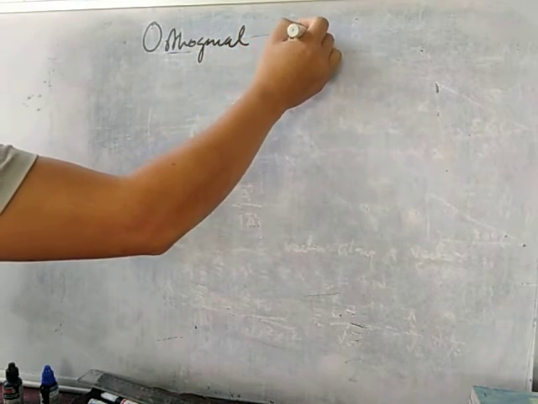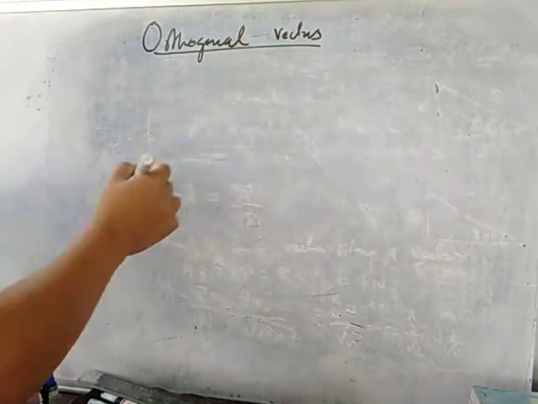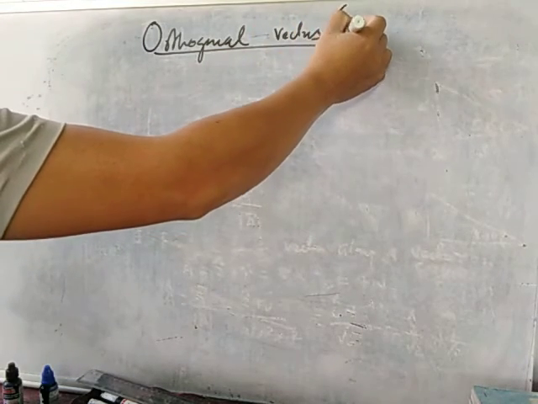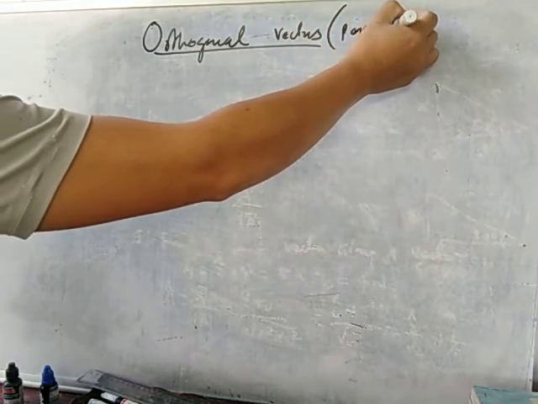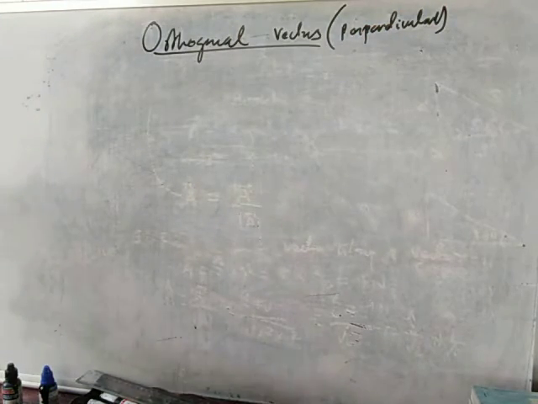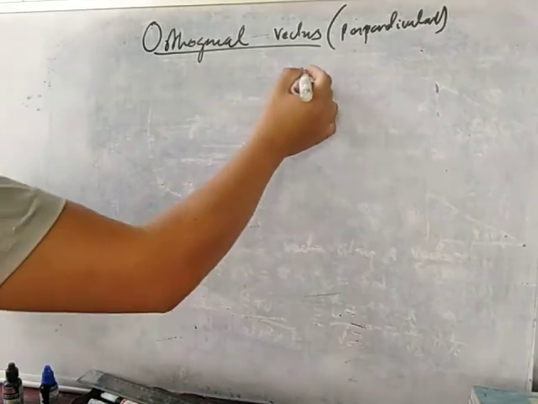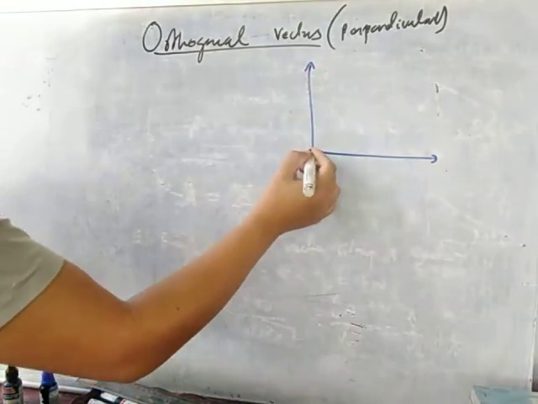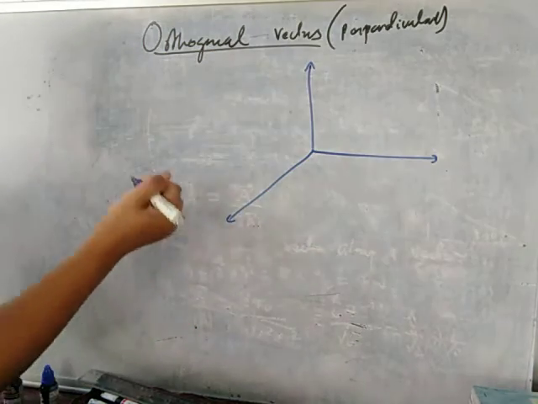Orthogonal vector is unit vector, which is perpendicular to each other. अब त्यो I cap j cap कसरी आयो भने नि I cap के हो?